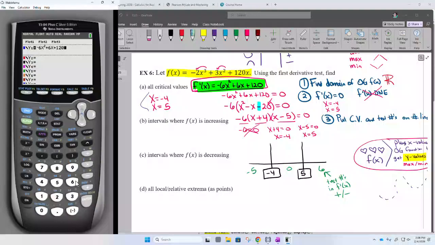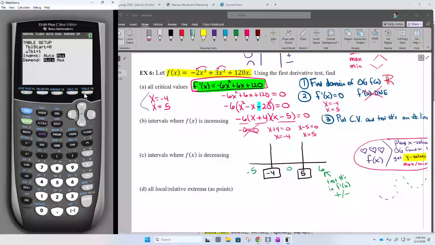All right, so I got my first derivative in y1. Just to make sure your table settings are still how we want them to be, this one time go to second window and underneath independent, make sure it's on ask. If not, move over there and hit enter. Now we're going to go to the table.